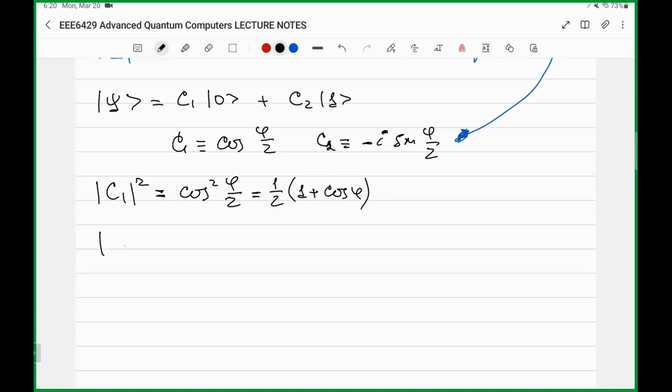And for the modulus of the coefficient C2, similarly, I obtain sine square phi over 2, which is 1/2 times 1 minus cosine phi.